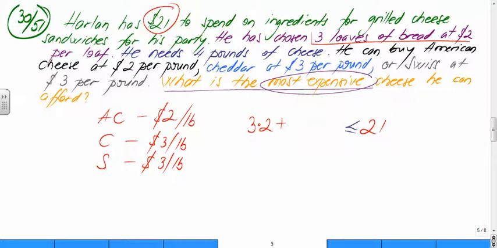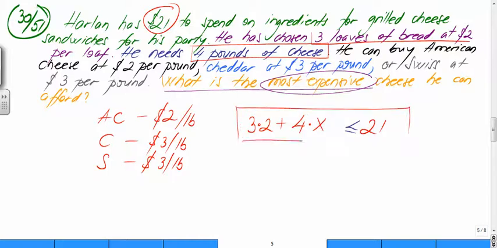The cheese cost will be given by 4 pounds of cheese, multiplied by the cost of the cheese, which could be $2 or $3 per pound, because each cheese has a specific price, and now we need to know which one is the most expensive cheese he can afford.